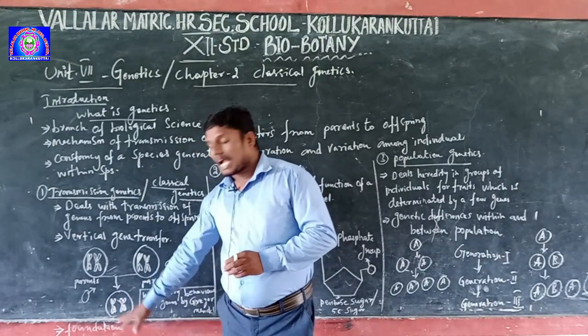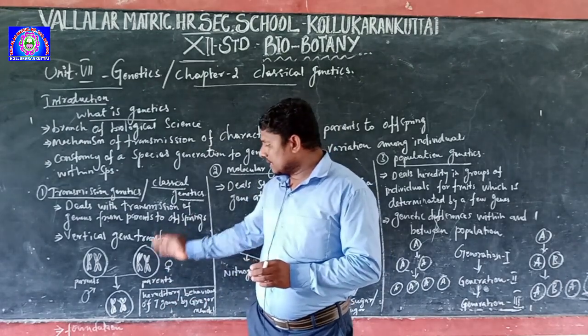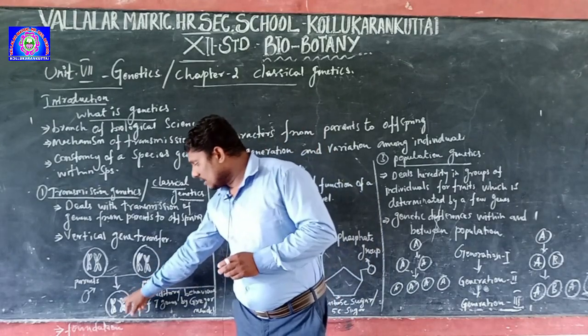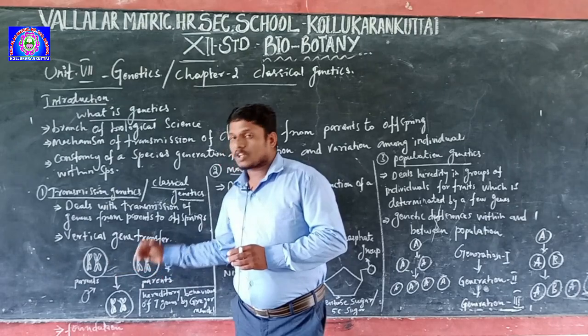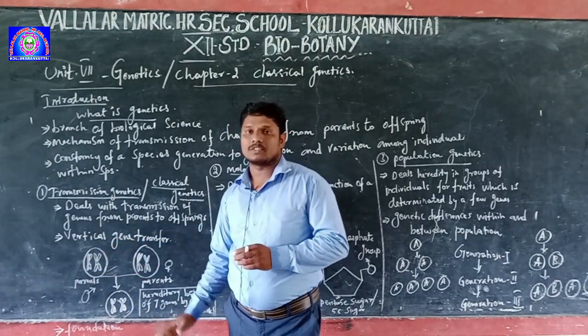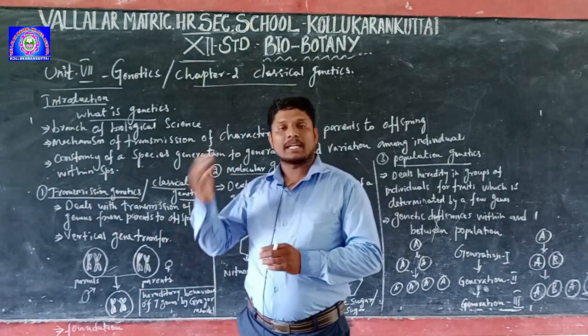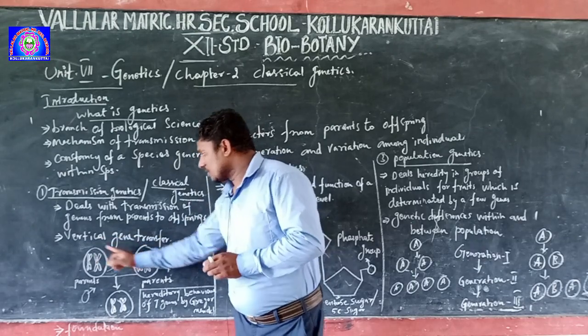So the daughter has 46 chromosomes. These 46 chromosomes are obtained from both parents. Both parents contribute 50% of genes. This is how genes transfer from parents to offspring, the vertical gene transfer.